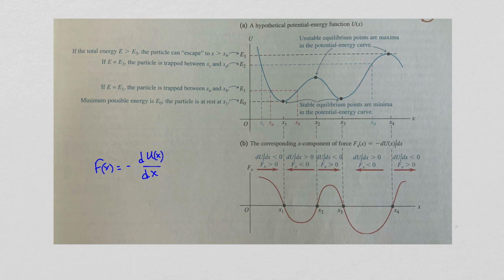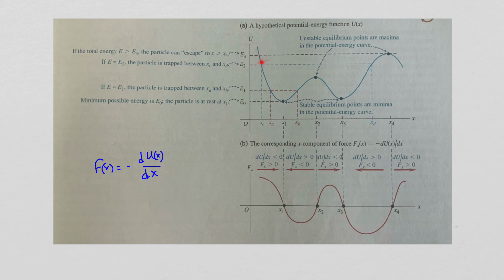So between the beginning and point x1, the slope is negative, which then means that the force is a positive number by magnitude. So the slope is negative, but the force is positive. So that means that the force pushes the particle to move to the right.